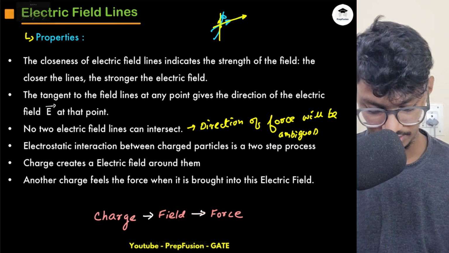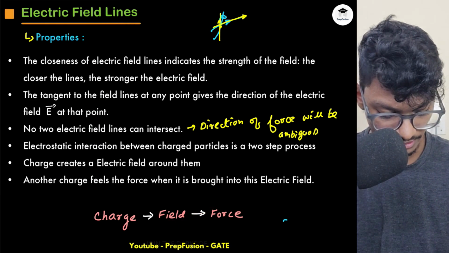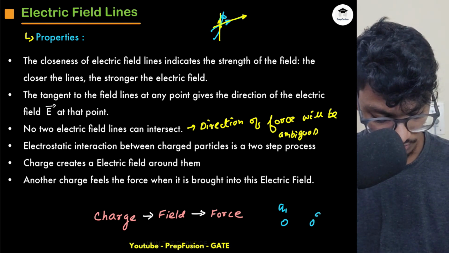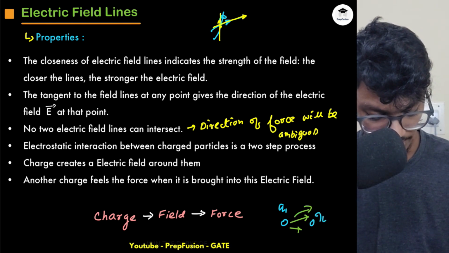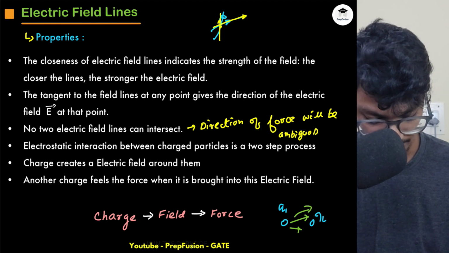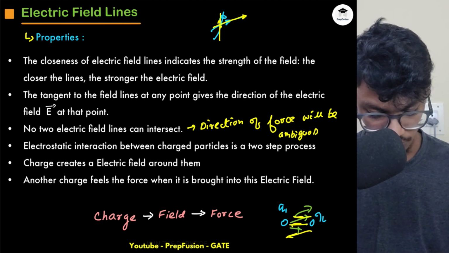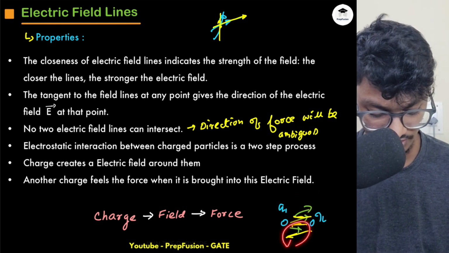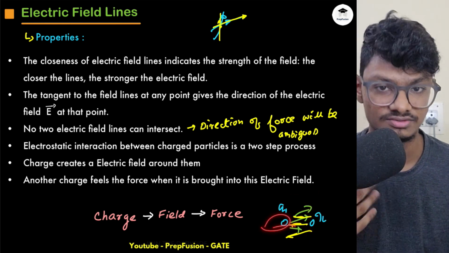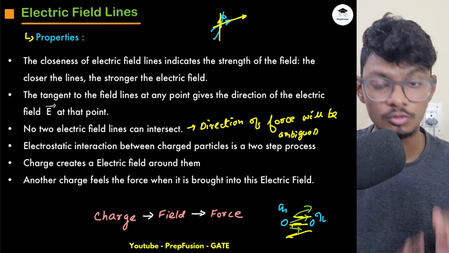So basically, if I take an example, here I have Q1 and Q2. Q1 will generate some electric field and Q2 will generate its own electric field. Due to the electric field of Q1, Q2 will experience a force, and due to the electric field of Q2, Q1 will experience a force. So this is how the force actually happens.